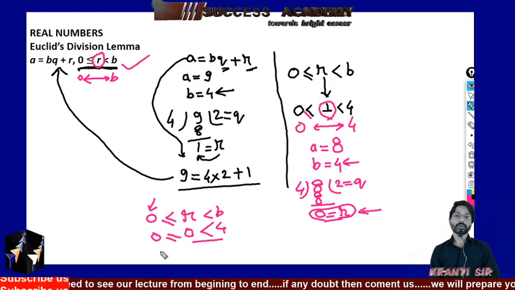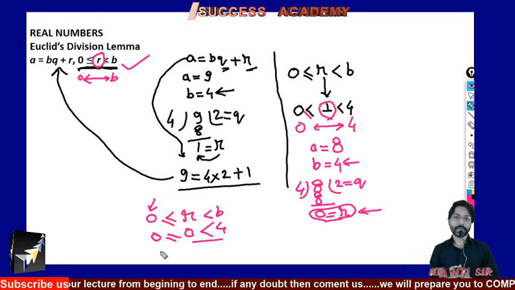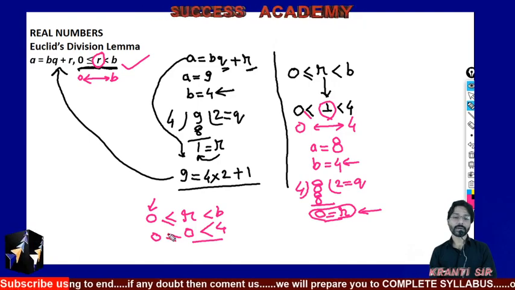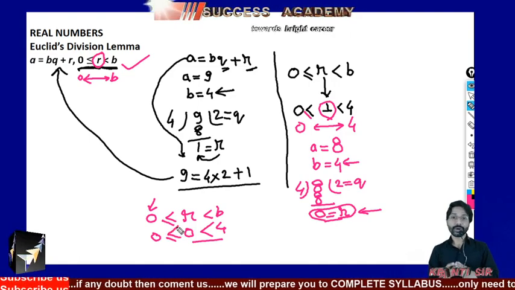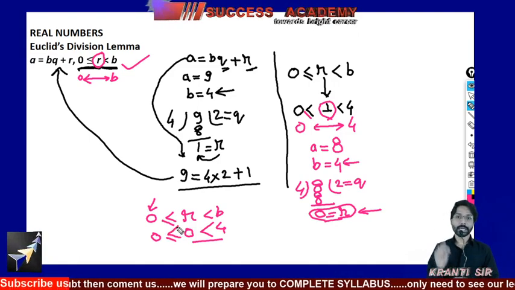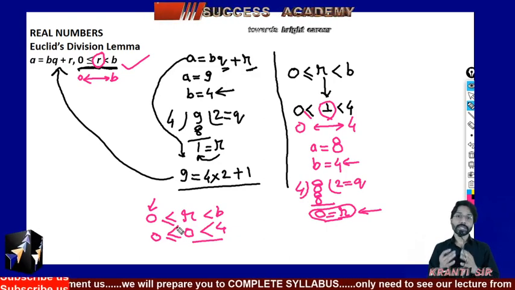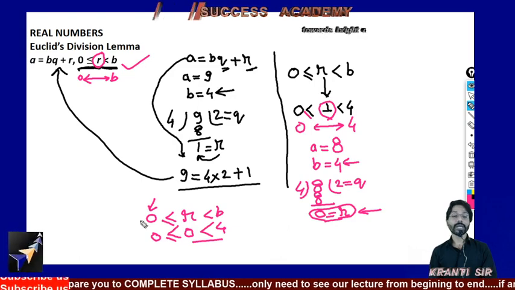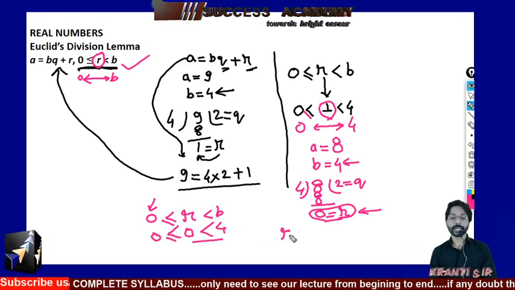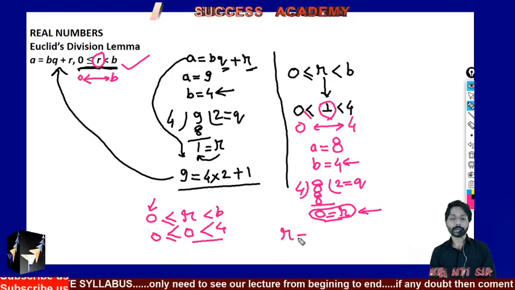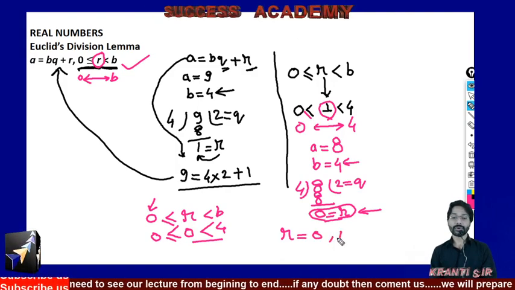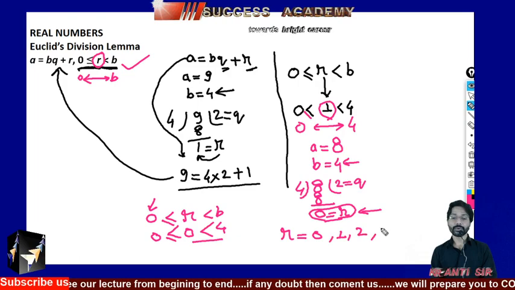But to make an equation in a proper manner of inequality, you have to write it like this, because you must take a conclusion from it, that our remainder, the value of r, may be 0 or 1 or 2 or 3.